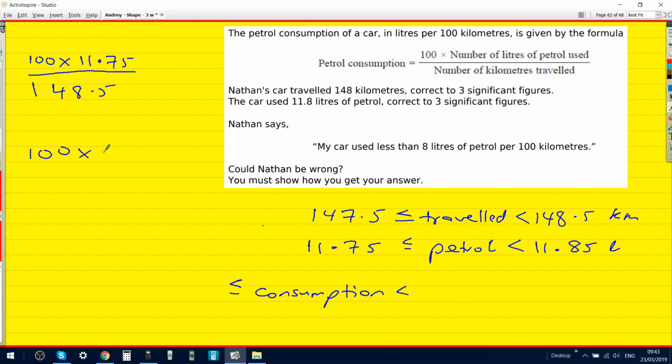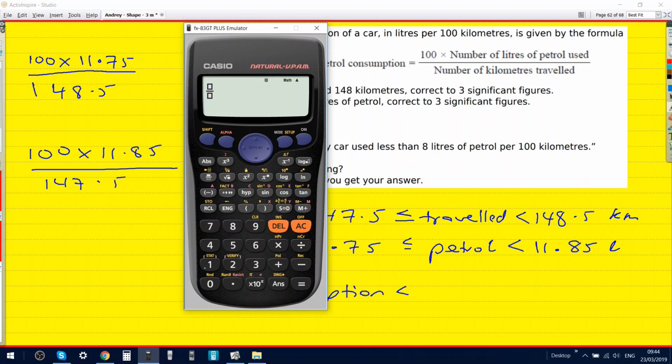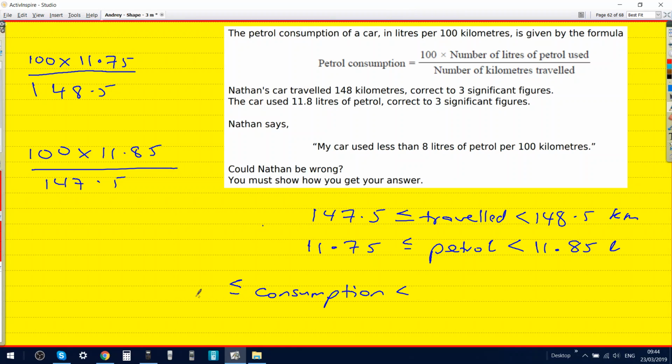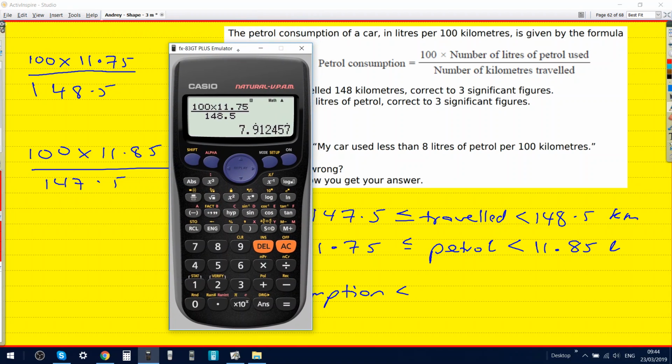Yes. Okay, let's work these out. 100 times 11.75 over 148.5. So that's 7.9 something. So that was the smallest one, 7.9. And so what's the answer to our question here?